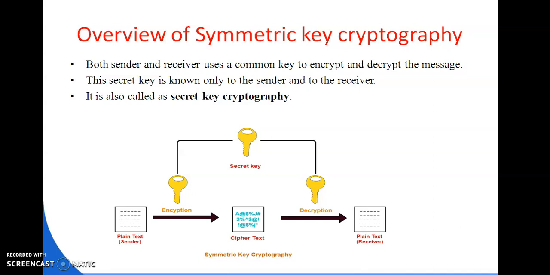Suppose the sender wants to securely communicate with the receiver and also with another party. So clearly there must be one key for all communication between the sender and the receiver.